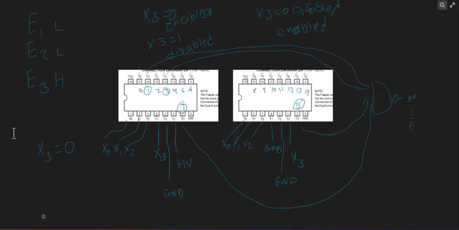Let me see if I have anything else that I'm supposed to remind you of. Common pitfalls: the fact that it's active low, so we're not ORing together the outputs.